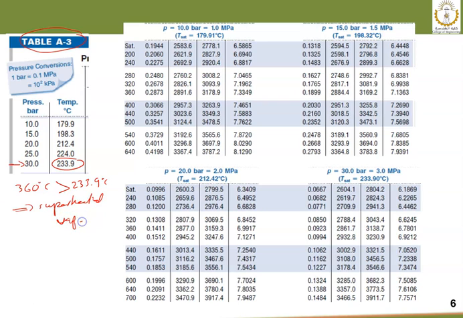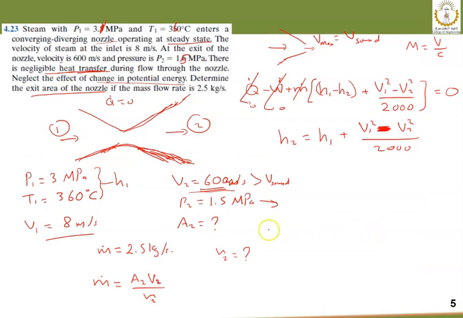You see here that using tables is very important. So we go to the superheated table with 3 megapascal and 360. You see here why I selected these, because they are readily available. Here, this is v, this is u, this is h. So this is the value of the enthalpy, h1, 3138.7.